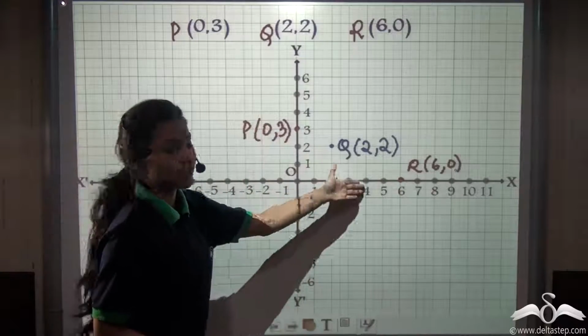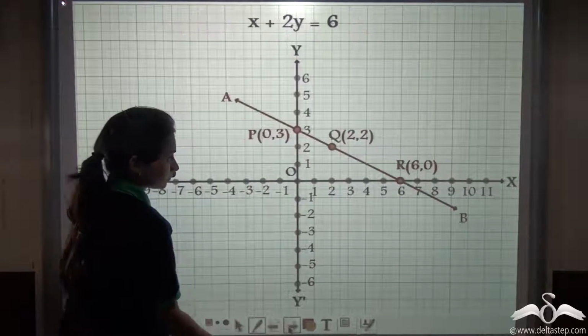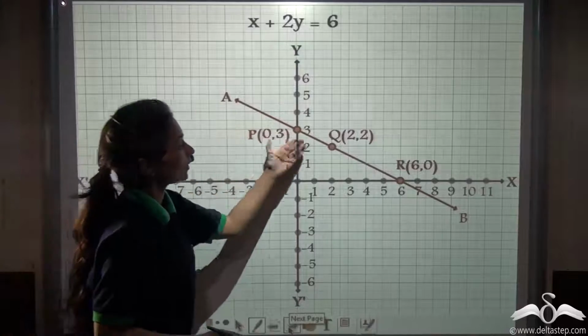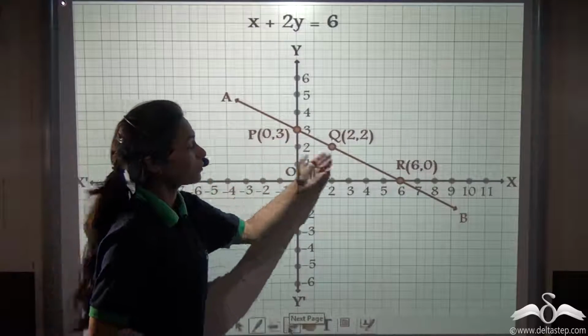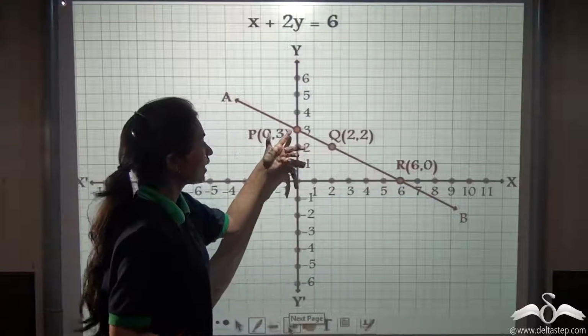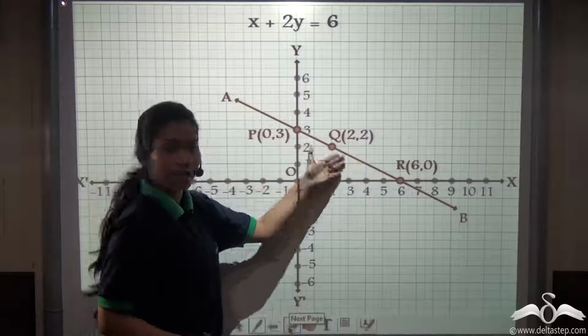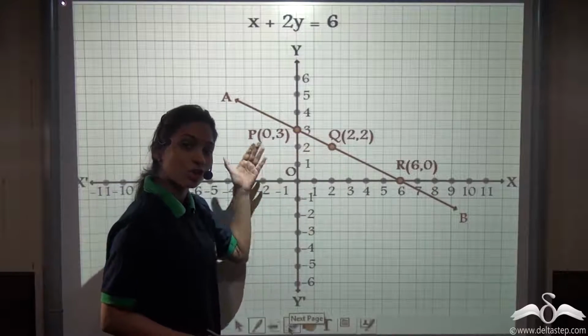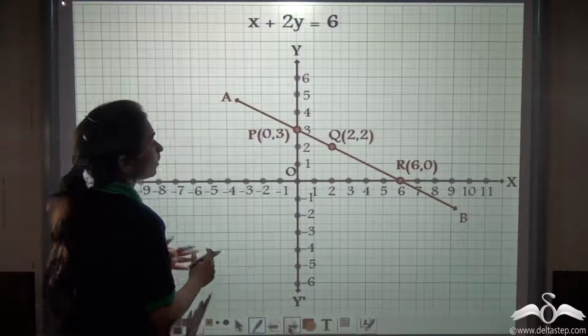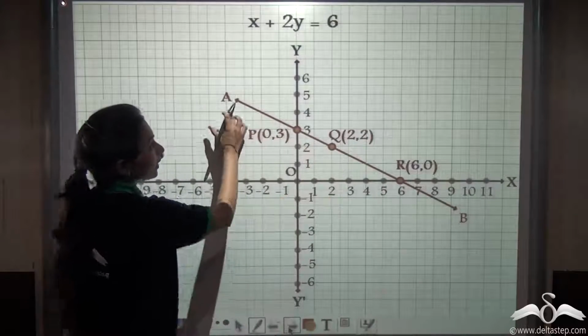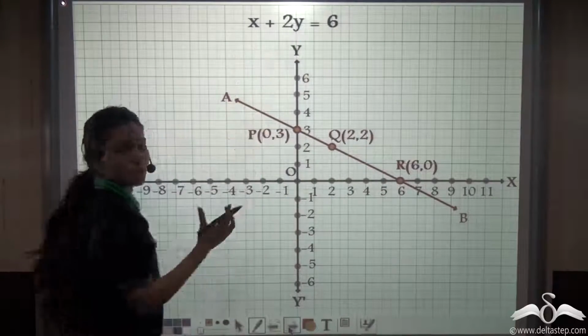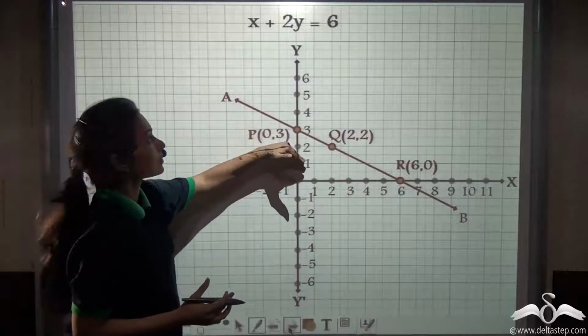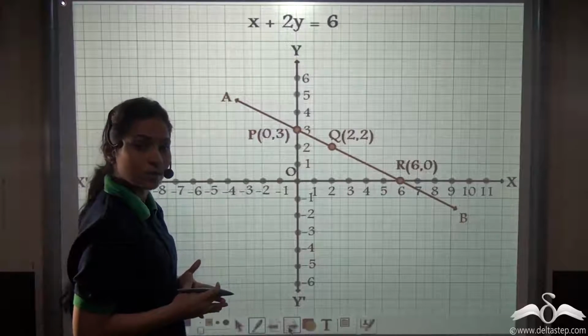Now what if I join these points? You can see when I join these points, I get a straight line. So you can say that these points lie on the same straight line because they are solutions to the same equation. Now this line can be named as x plus 2y is equal to 6 because this line represents the equation x plus 2y is equal to 6.